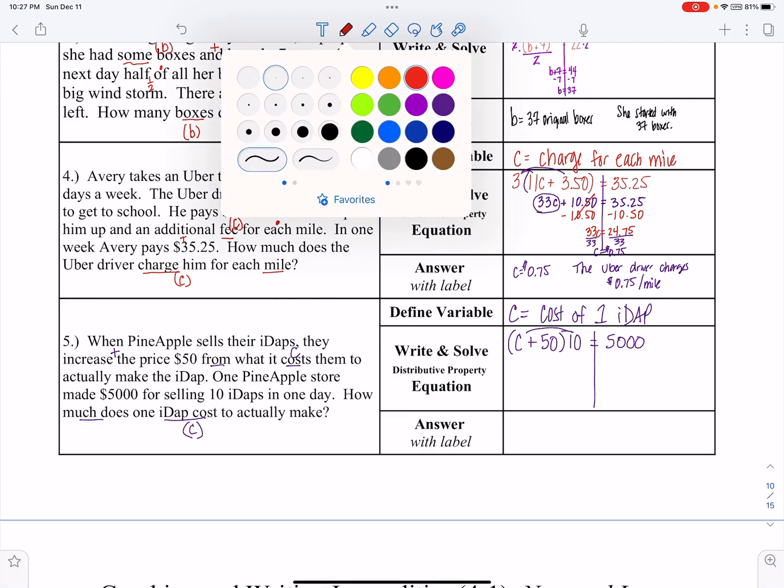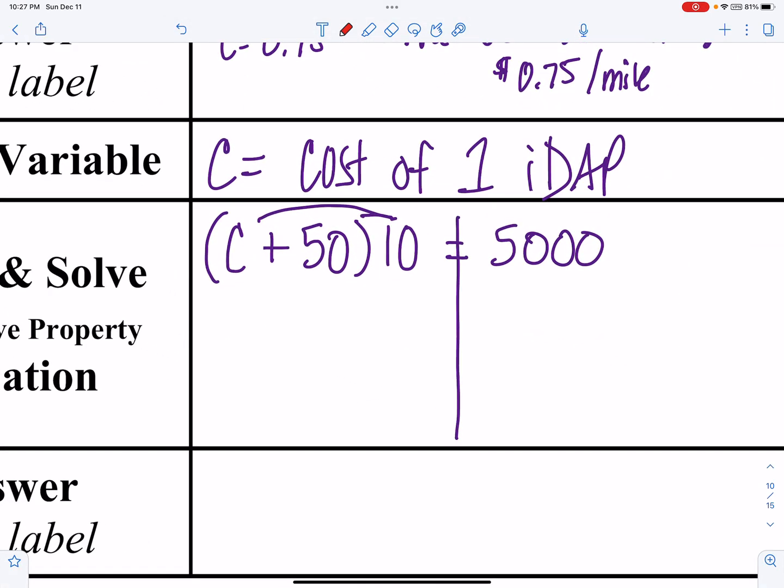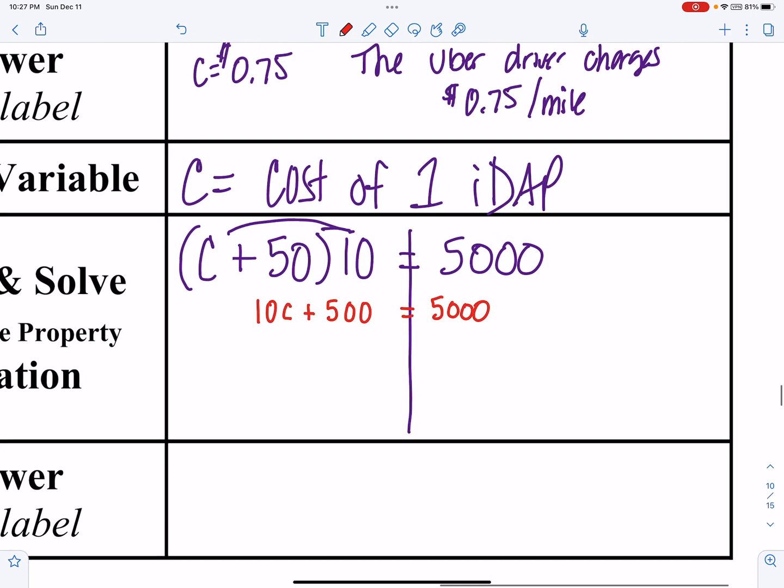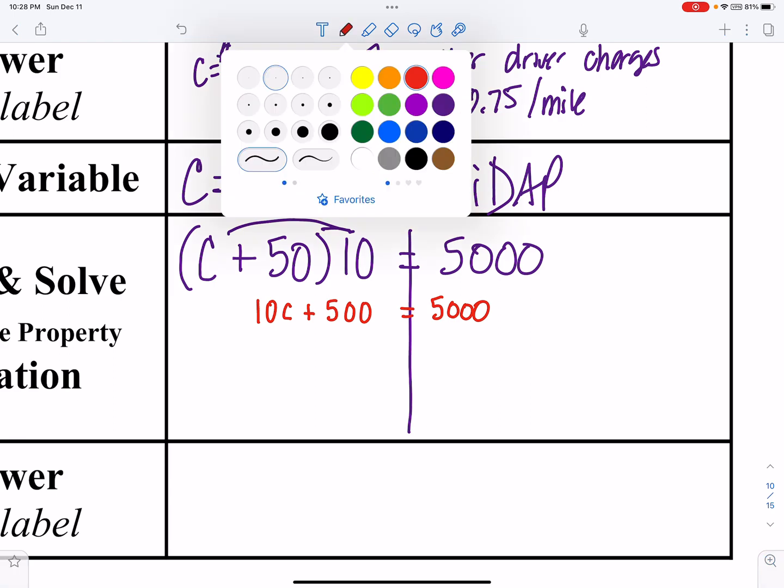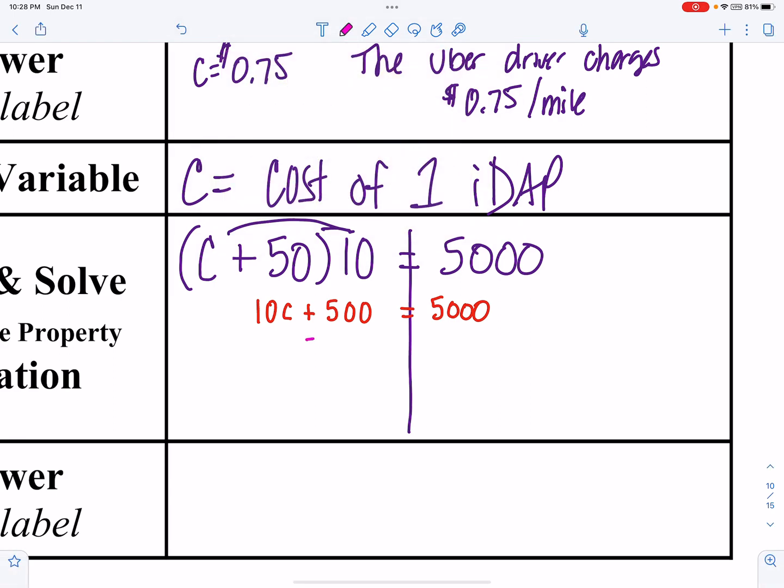If you want to try whichever way you like, I'm going to go ahead and distribute this real quick and just get the 10C plus the 5 times 10 is the $500 equals $5,000. Okay, and then I can go ahead and work backwards from order of operations and subtract $500 from both sides.